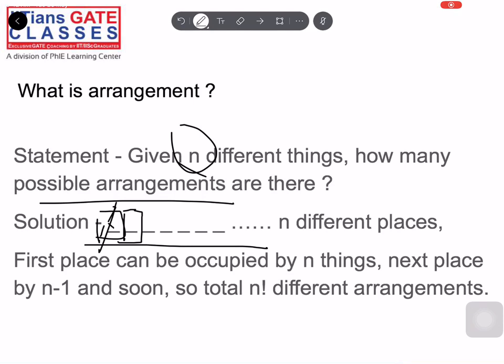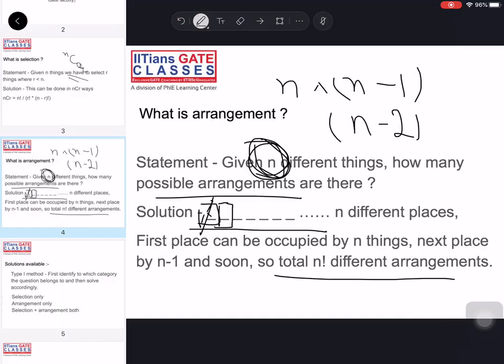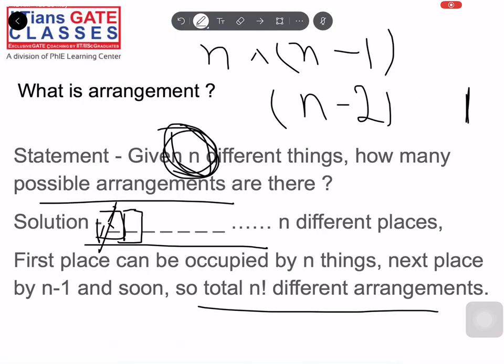And then for the third blank, I'll have the remaining choices as n minus 2. If I continue this pattern, I'll be able to see that for n different people or n different things, there will be n factorial total arrangements, because that will be nothing but n into n minus 1 into n minus 2, and so on till you have 1. So this is how your arrangement will take place.